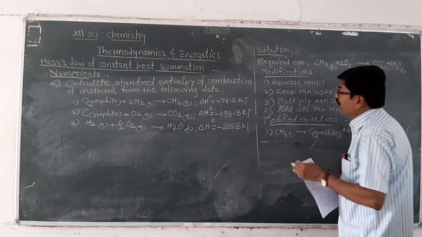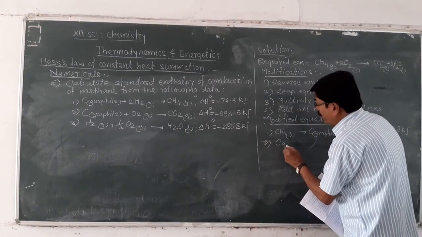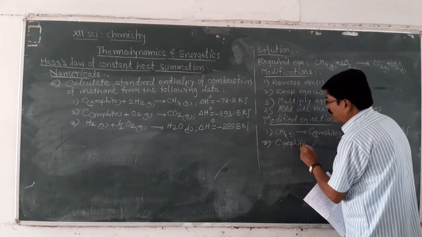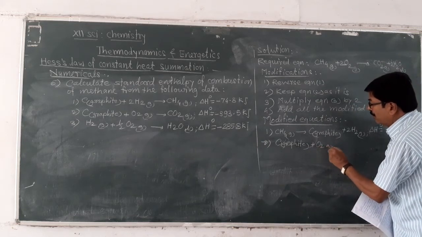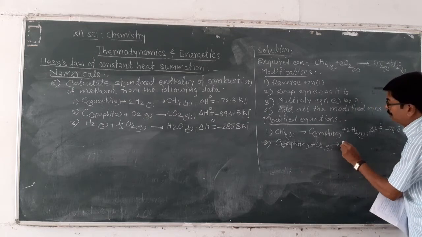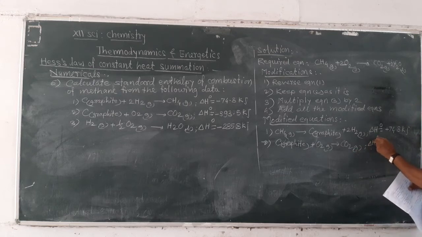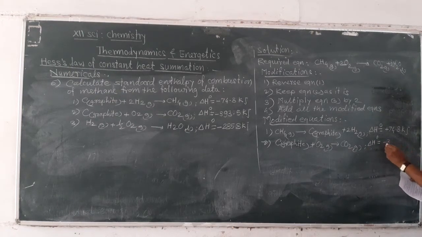Second equation you have to keep as it is. That means carbon graphite plus O2 gas gives CO2 gas. The enthalpy change is the same, that means minus 393.5 kilojoule.